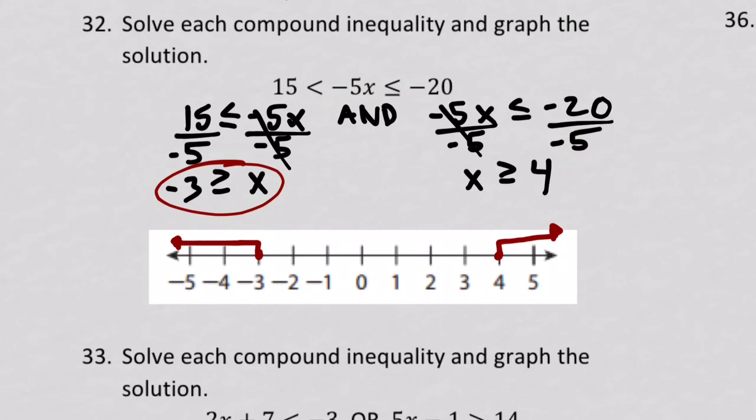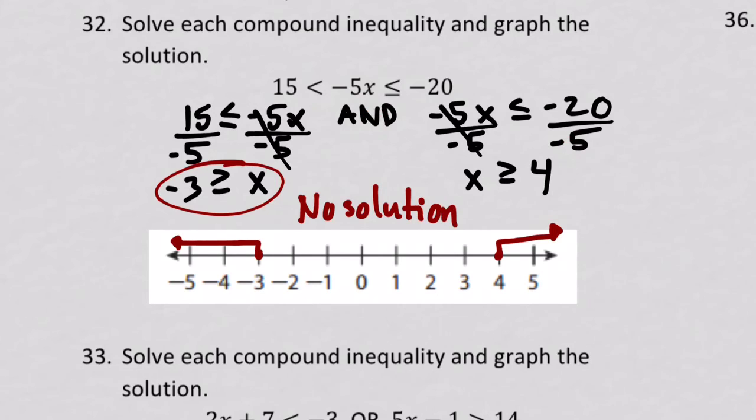But that is an or inequality because it's being shaded in opposite directions. Okay, and what I'm supposed to have is an and inequality. You guys see that? That's supposed to be an and inequality. Which tells me this one has no solution. If it's supposed to be an and inequality, then my graph should be an and inequality, not an or inequality.